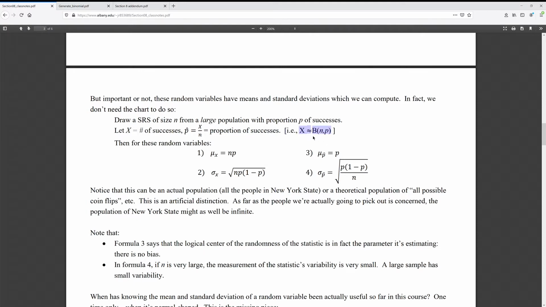Flip a coin 100 times. Fair coin, probability of a head is a half. Always probability of a half. x is the number of heads. Exactly binomial. Or it could be approximately binomial because you're technically picking from a finite population, right? Like 2,500 people from hundreds of millions.